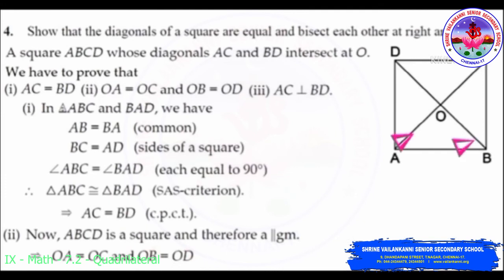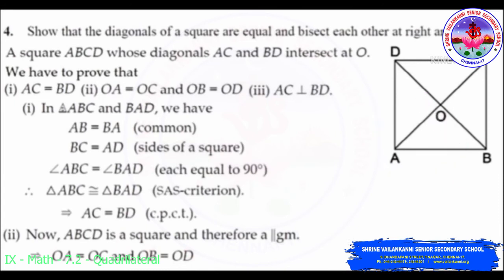Each angle in a square is equivalent to 90 degrees. So I got two sides and included angle of triangle DAB equivalent to two sides and the included angle of triangle ABC. So by SAS criteria, triangle ABC is congruent to triangle DAB.